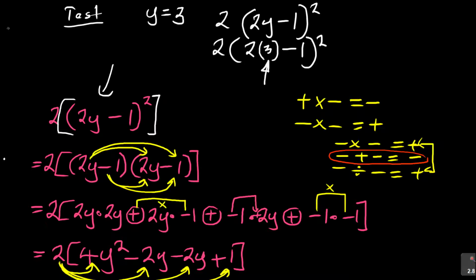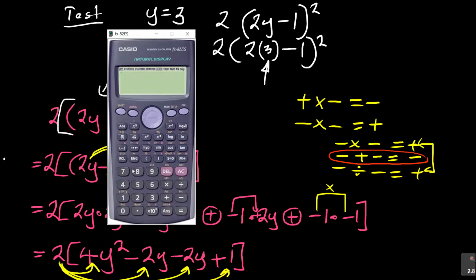Now use the calculator, identically enter this, and let's see the answer we get. You have 2, then the first bracket, then the second bracket, I put a 3 and close it. Then minus 1, you close that bracket and you put a square, the way they gave it to you.